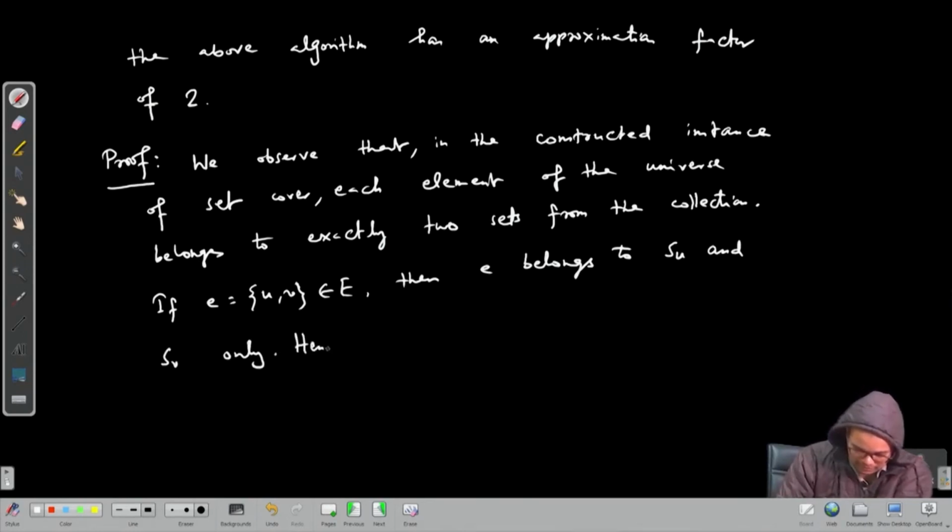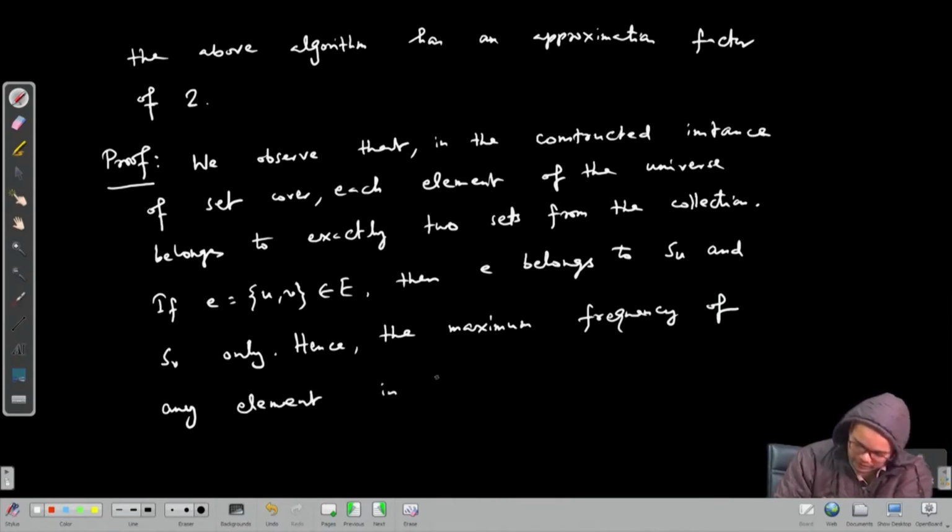Hence, the maximum frequency of any element in the set cover instance is 2.